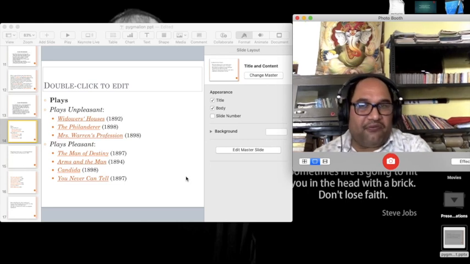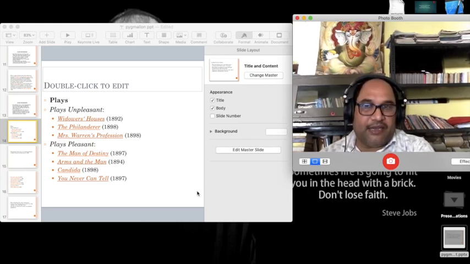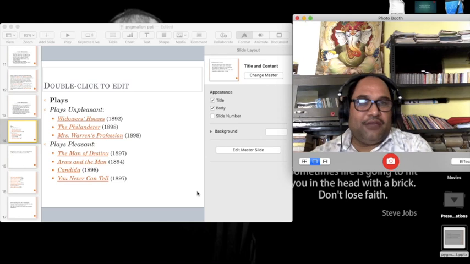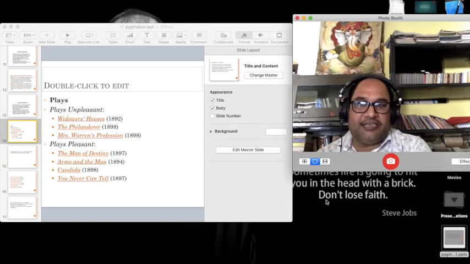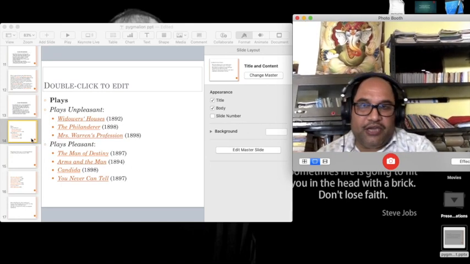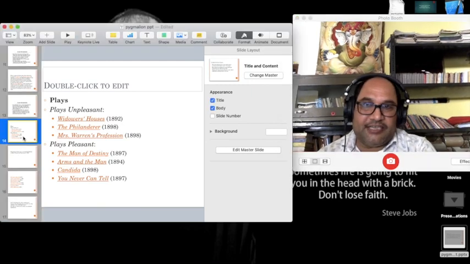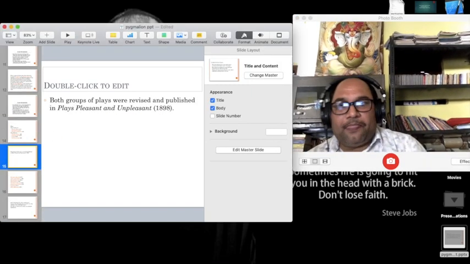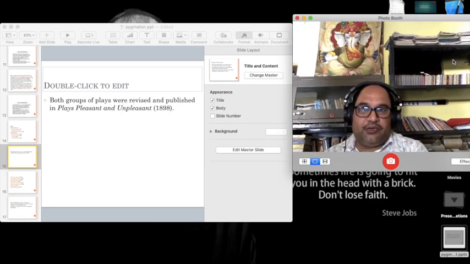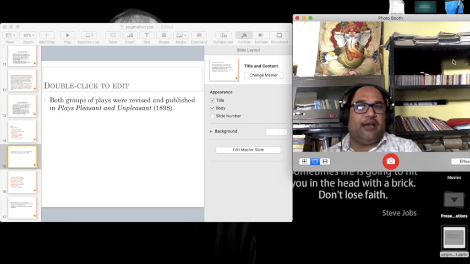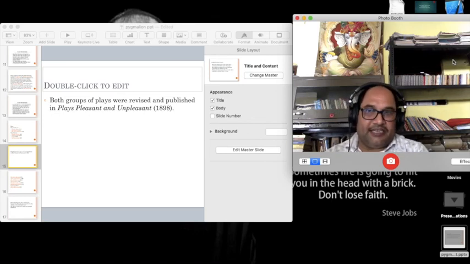Mrs. Warren's Profession, which was published in 1898. In the category of plays pleasant, we have The Man of Destiny, published in 1897. Arms and the Man, 1894. Candida, 1898. You Never Can Tell in 1897. Now, both groups of plays were revised and published in a collection of plays called Plays Pleasant and Unpleasant, published in 1898.